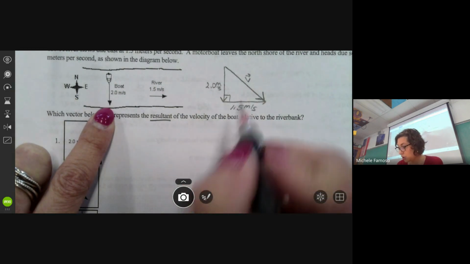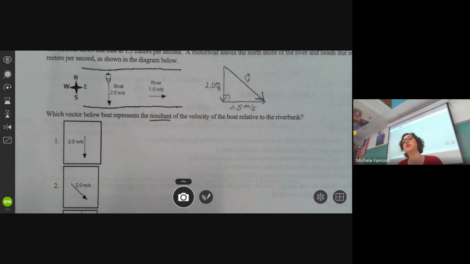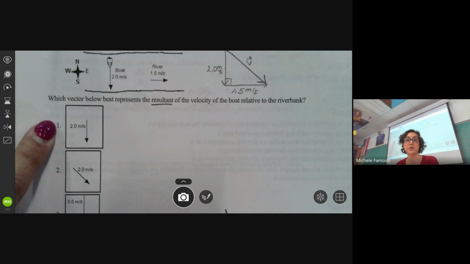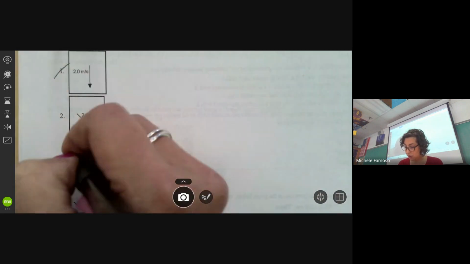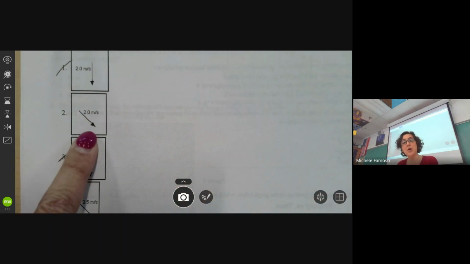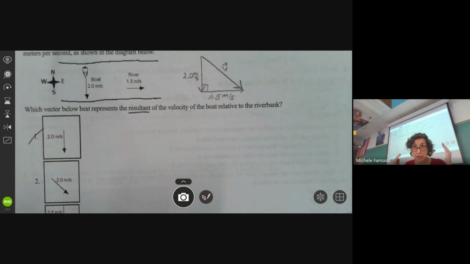Since these 2 directions are perpendicular, we can find that by using Pythag. Now, I actually don't have to do the calculation because I know that 1 is not pointing in that direction, nor is 3. Process of elimination. Those are out. I also know 2 is out because I know in a triangle that the hypotenuse is always the longest side.